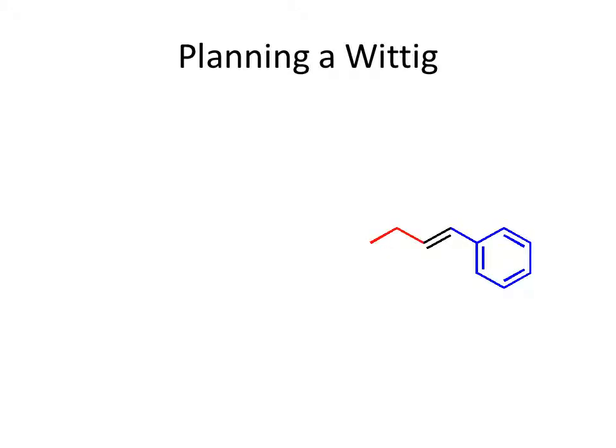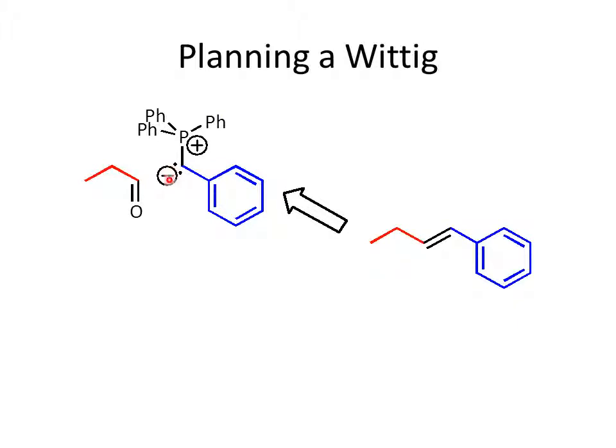If I make this via a Wittig reaction, note there are two parts. There's the part I've highlighted in blue and the part that I've highlighted in red. And those are going to come together in the Wittig reaction to make a carbon-carbon double bond. It could be that the part I've highlighted in blue comes from the phosphorus half of the ylide reaction, and the part I've highlighted in red comes from the carbonyl part of the Wittig reaction.